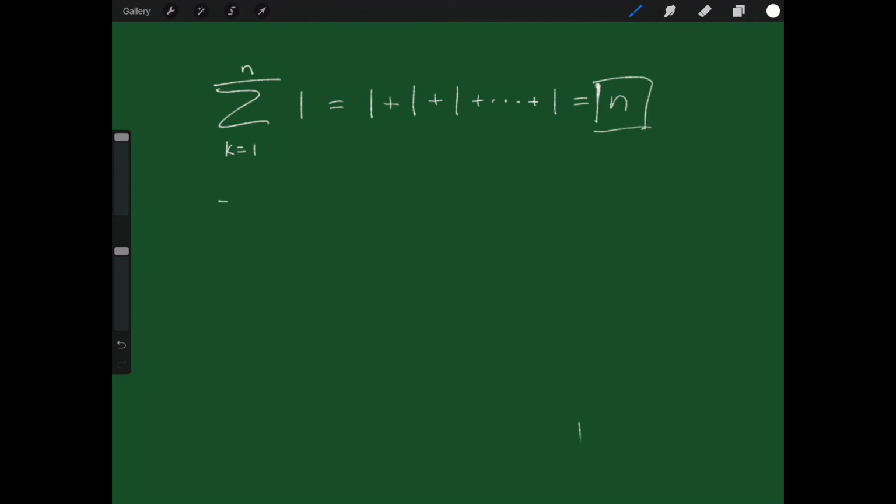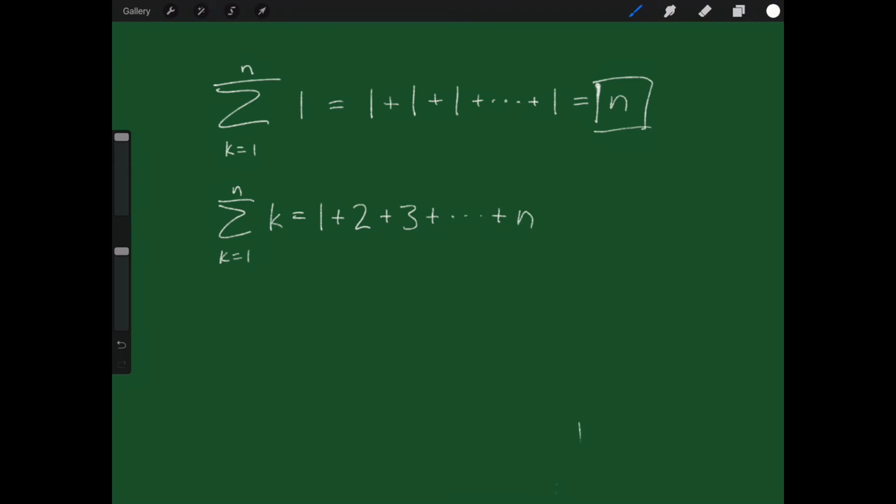Now let's do something slightly more complicated. Let's look at the sum k going from 1 to n of k. And the way that I'd write this out is, when k is 1, I add 1. When k is 2, I add 2. When k is 3, I add 3. And so on. And finally, when k is n, I add n.